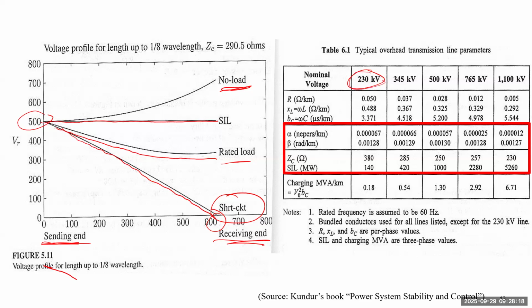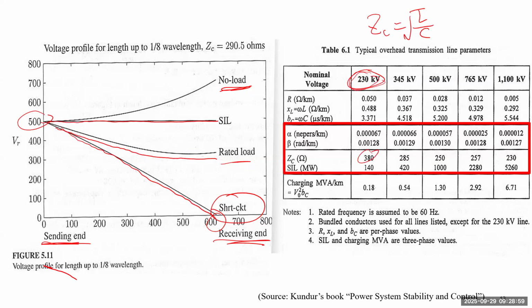For a 230 kV line, if you know the typical size of the conductor, you can calculate the geometric mean radius of the conductor, and if you know the spacing for a 230 kV line and what the tower may look like, you know the geometric mean distance. So knowing GMD and GMR, you can calculate L and C. After you calculate L and C, the surge impedance is simply the square root of L divided by C, right? It doesn't depend on the length of the line.